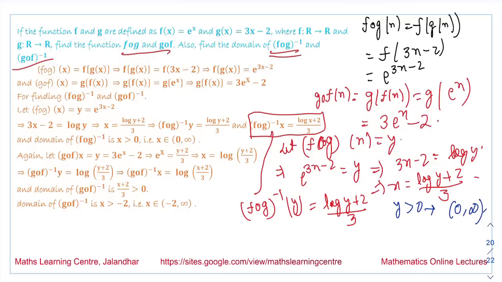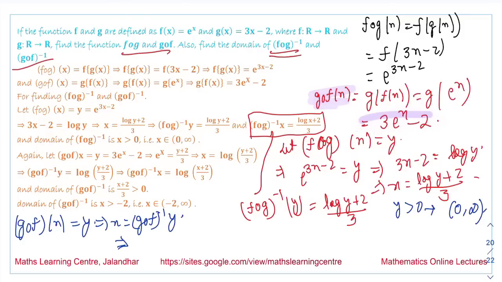Next we have to calculate the value of GOF inverse. So we equate this equal to y. So this implies x is equal to GOF inverse of y. Now if we substitute the values, GOF of x we have calculated is 3 e raised to power x minus 2.